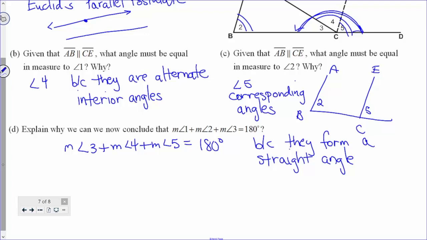But now we know, right? We know that 4 was equal to 1, and we know that 5 was equal to 2.